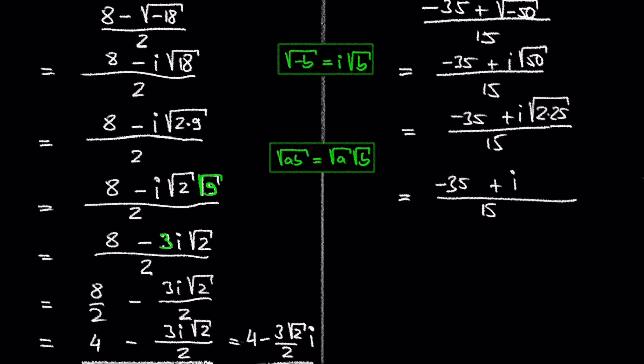The square root of 2 times 25 is the square root of 2 times the square root of 25. And the square root of 25 is 5.